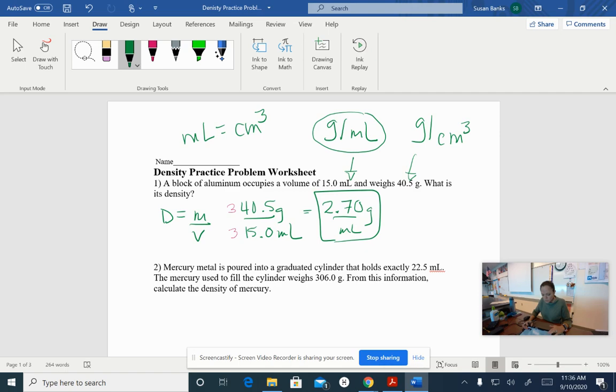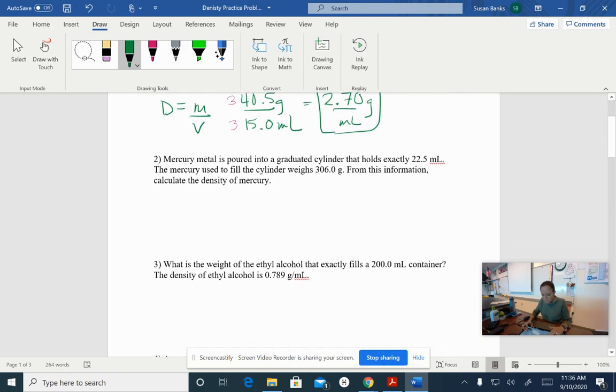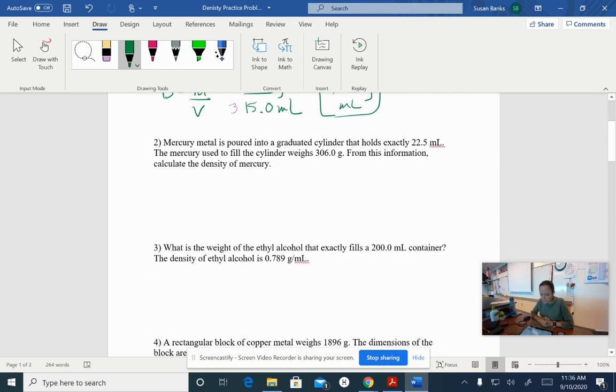Okay, so let's look at this. Mercury metal is poured into a graduated cylinder that holds exactly 22.5 mils. The mercury used to fill that cylinder weighs 306 grams. From this information, calculate the density. Once again, we are going to use the same formula. Density is mass divided by volume, okay?